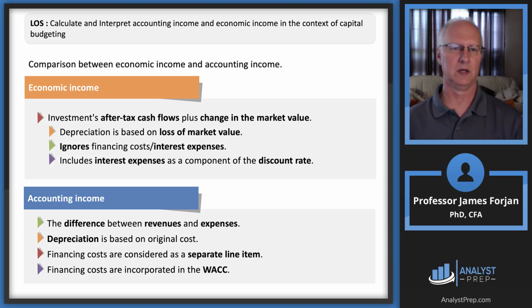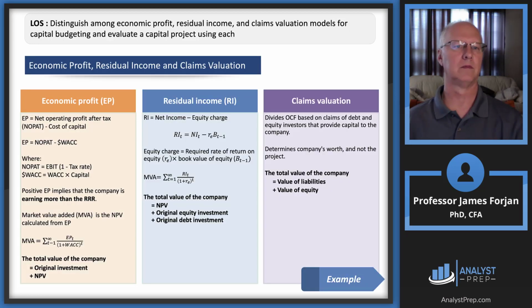So here's a good quick slide on the differences between economic and accounting income. I think I mentioned all those things previously. Economic profit, residual income, and claims valuation add some value to our understanding of capital budgeting.